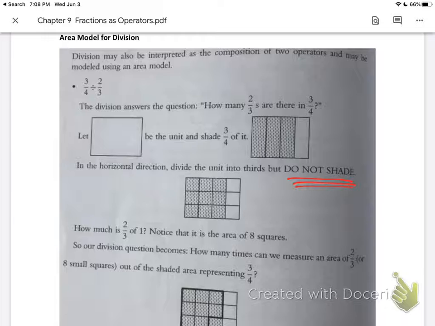How much is 2/3 of 1? So think about that. What's 2/3 of 1? So you should be saying that 2/3 of 1, if this is 1 whole, 2/3 of 1 are 8 squares. So our division question becomes, how many times can we measure an area of 2/3, or 8 small squares, out of the shaded area representing 3/4?